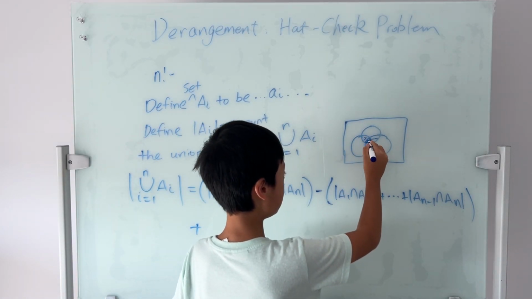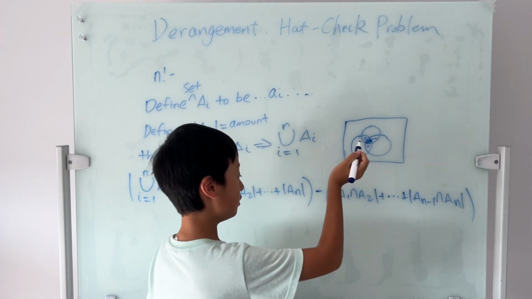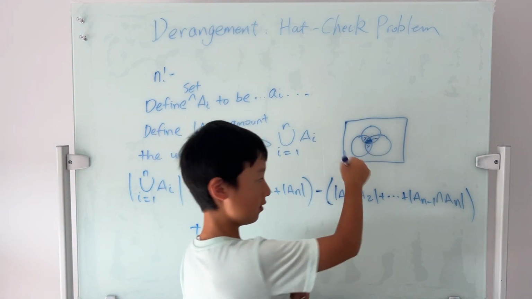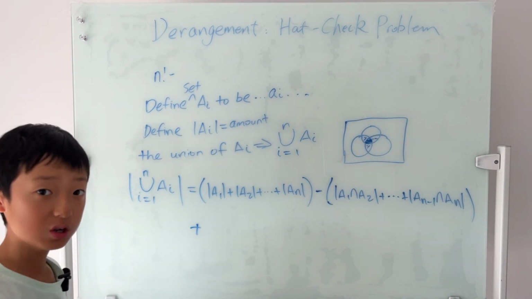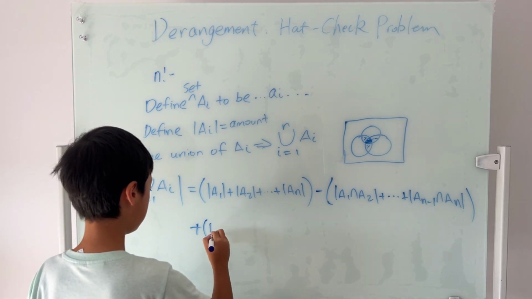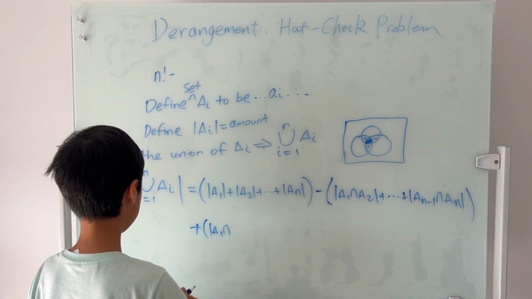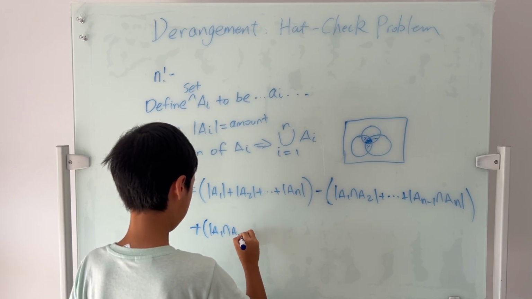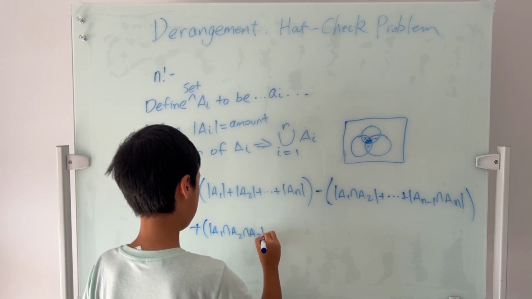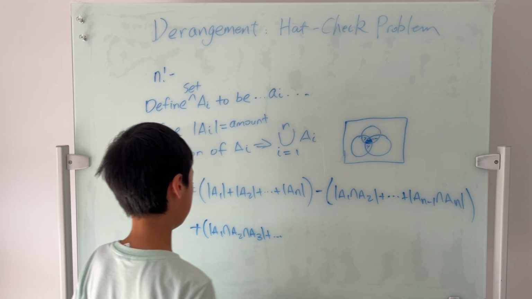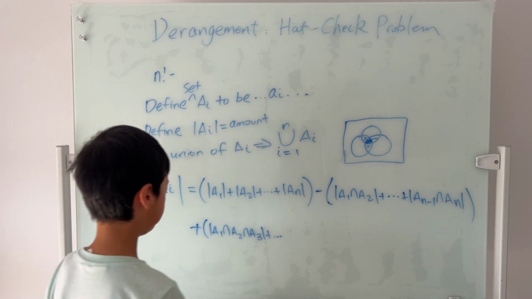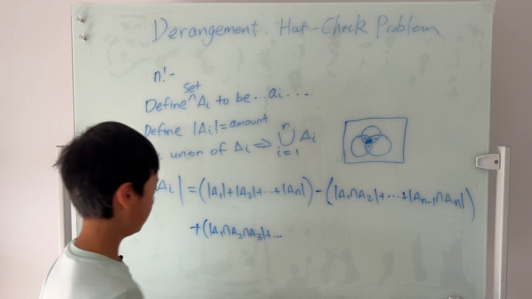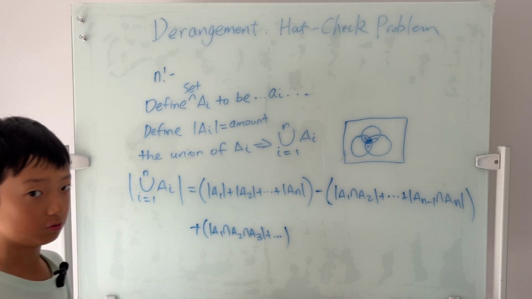What is this though? It's the intersection of all 3. So now we need to add back the triples: A1 intersect A2 intersect A3, and then add all the way to, I'm just going to write this because I think you guys know what I'm going to write.